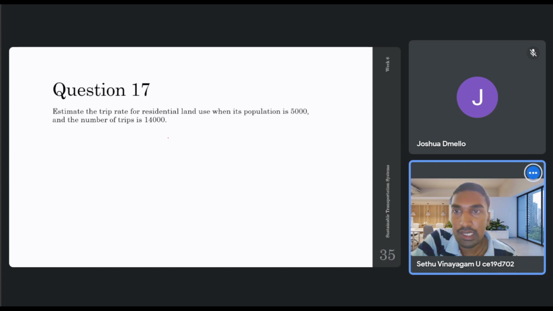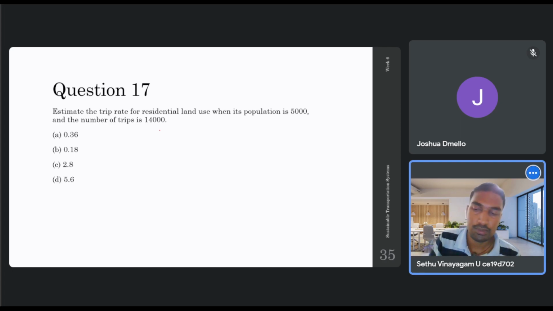Okay, question number 17 is, estimate the trip rate for residential land use where the population is 5,000 and the number of trips is 14,000. The options are 0.36, 0.18, 2.8, and 5.6.